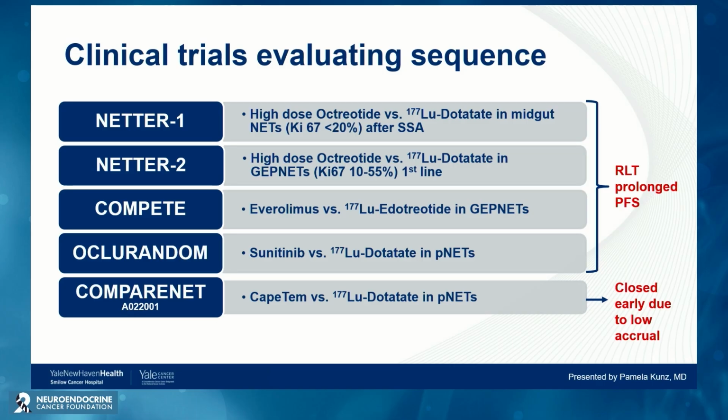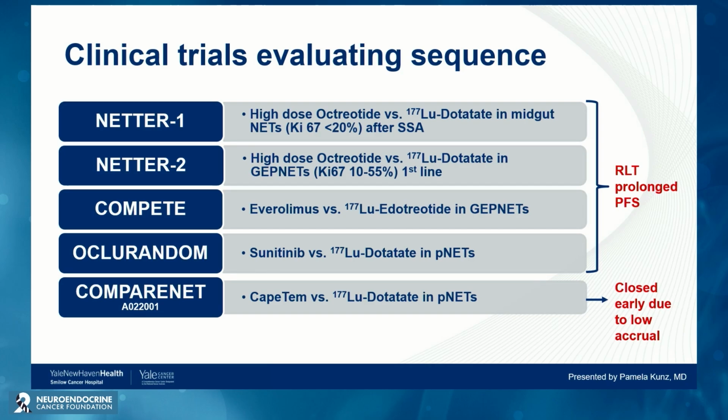So in the early days of clinical trials for NETs, we generally compared a treatment to a placebo, but most of our recent trials are comparing active drug to active drug, and that is helping us to teach us if one treatment is better than another.